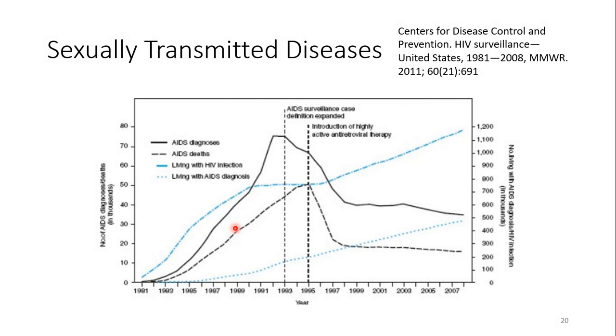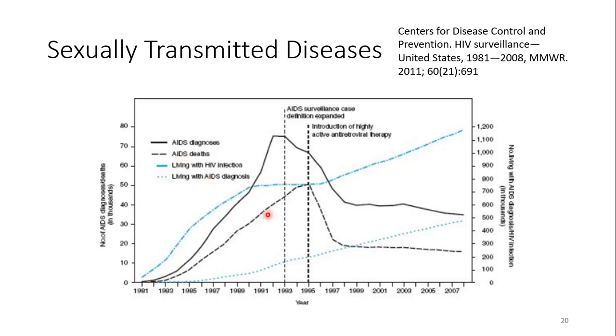This is a graph which shows the percentage of people. This blue dotted line shows those who are living with AIDS and are diagnosed, and these blue dotted and broken lines show the persons living with expected HIV infection.